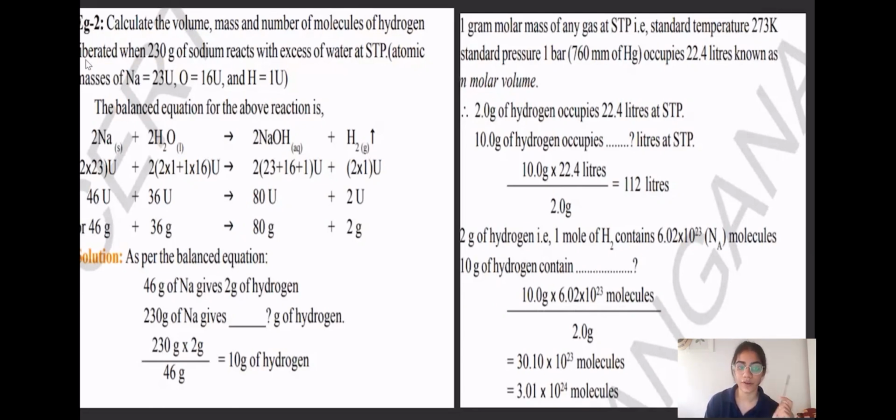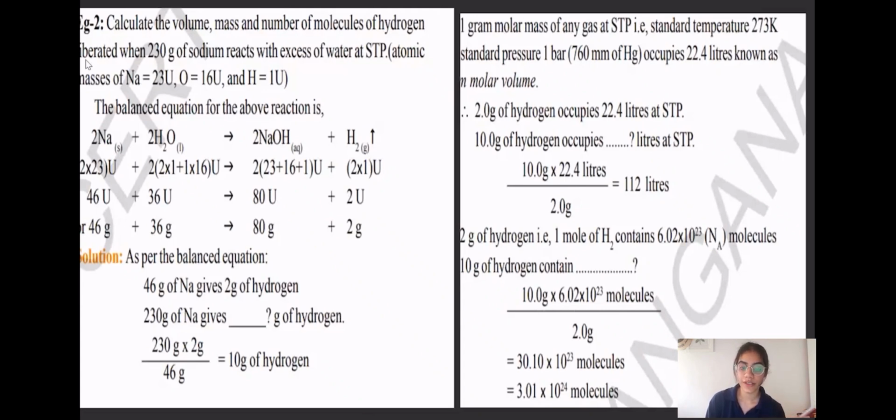So we say 46 grams of sodium with 36 grams of water gives us 80 grams of sodium hydroxide plus hydrogen gas 2 grams. As per the balanced equation, we can see that 46 grams of sodium gives us 2 grams of hydrogen, right?